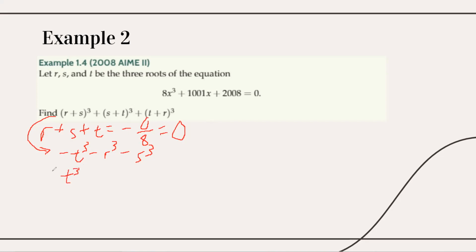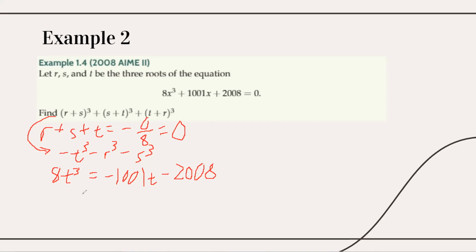By definition, 8t cubed is equal to negative 1000t minus 2008. And the reason this is true is because t by definition is a solution to the equation 8x cubed plus 1000x plus 2008 equals 0.